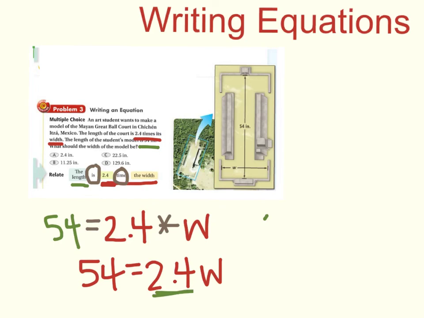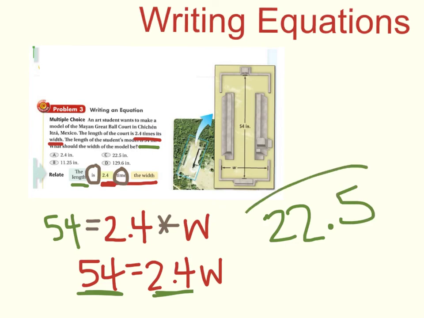So 2 times what number would be 54 roughly? It's about in between 20 and 25 that would give you that ballpark of 54. So that narrows it, and then just using math, if it's not super mental for you, you can figure out that your W, your width, is 22.5 inches. So then your answer would be C.